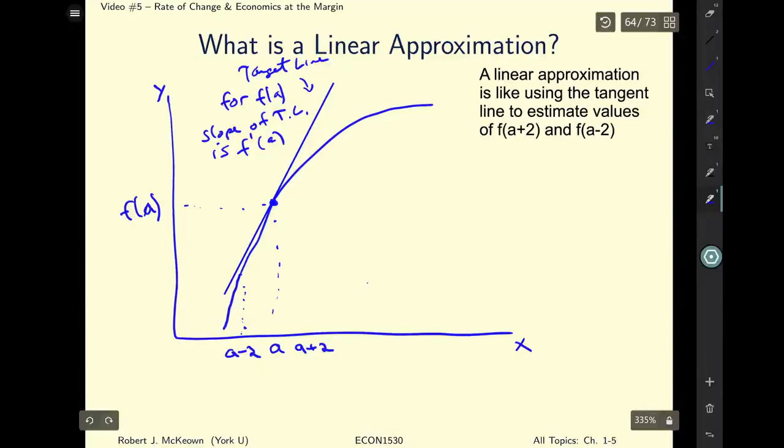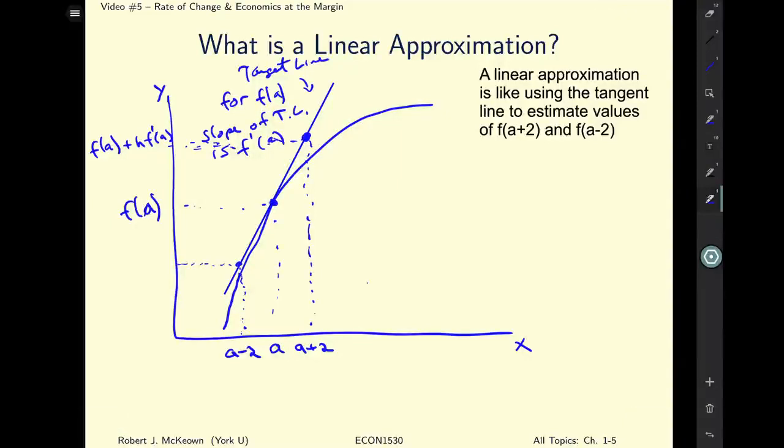Now, I could use the tangent line here. It's like saying, well, I've got f of A plus h times f prime of A. So I'm using the slope of the tangent line to predict what the value of y is going to be. And then down here, it's like writing f of A minus 2 times the slope of the tangent line.